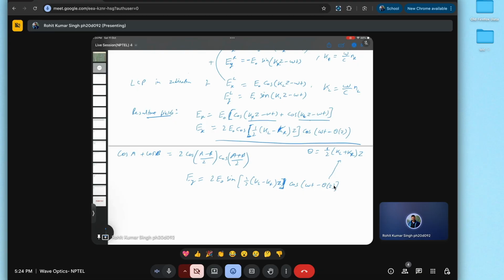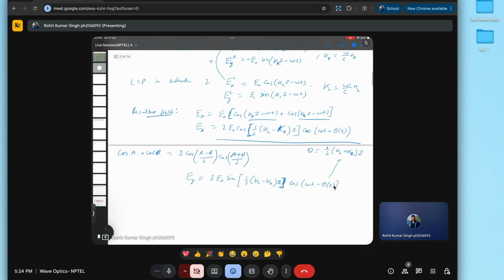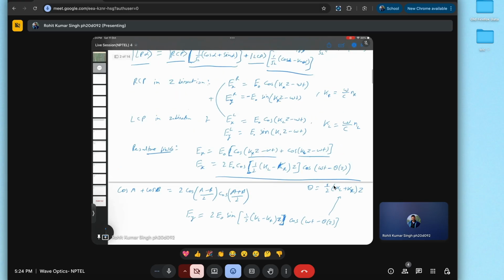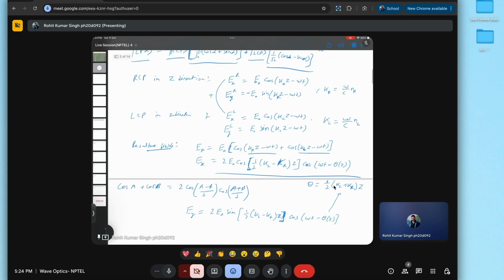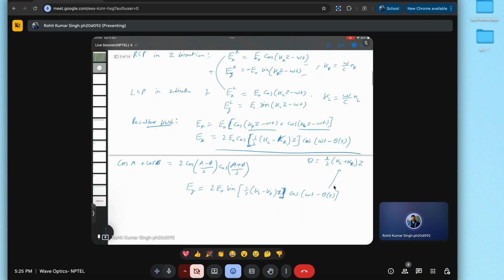So now you see something interesting happened. Now the resultant fields, okay, so the original fields had x and y component, cos and sine respectively, right? But when we added them, now the time dependence, this factor you see here, it is cos in both the x and y direction, right?